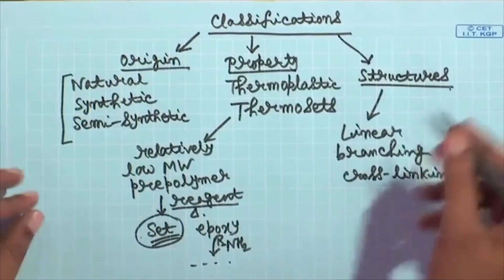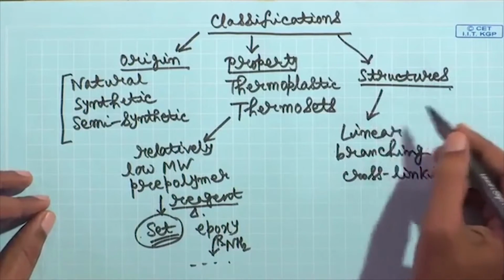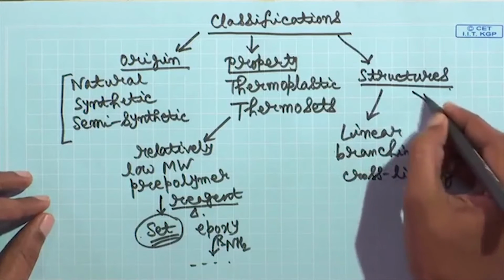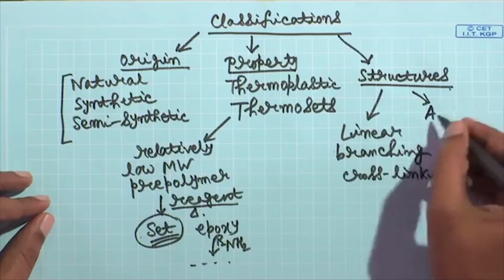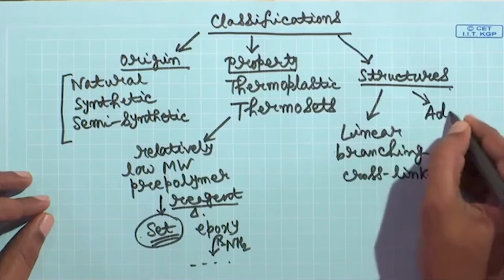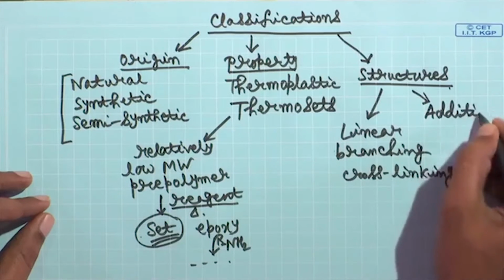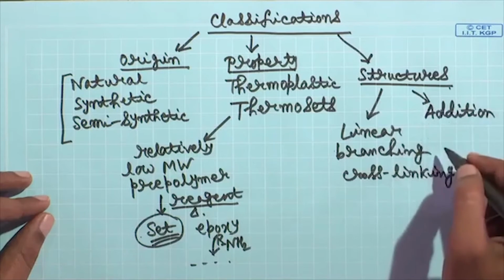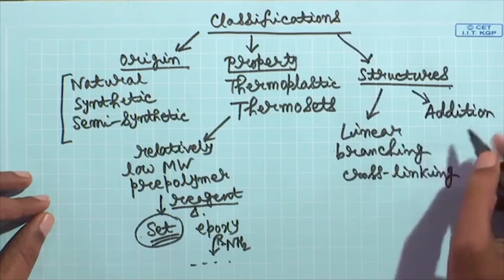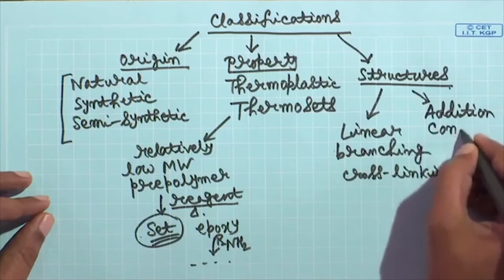Now, on the basis of structure, there could be another way to classify this. Some say this is also on the basis of mechanism, but typically I would say that this is on the basis of structure. Say you can have addition polymers, addition polymerization, or you could have condensation polymerization.